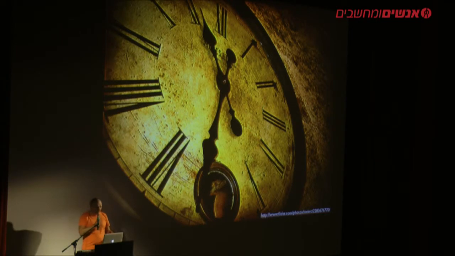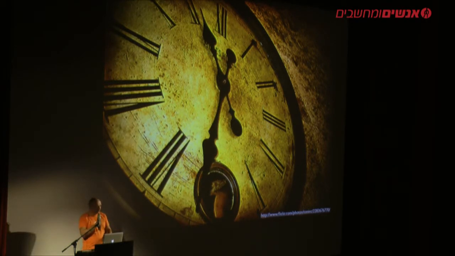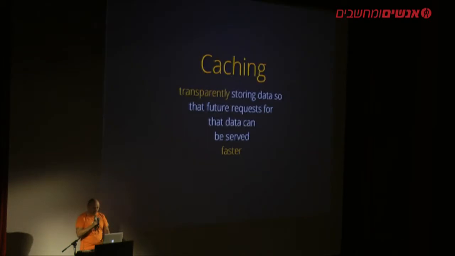We don't have much time, like 28 minutes left, so I will try to not get too deep into things. Let's start right away. What is caching? Caching is transparently storing data so that future requests for the data can be served faster. There are two keywords here.